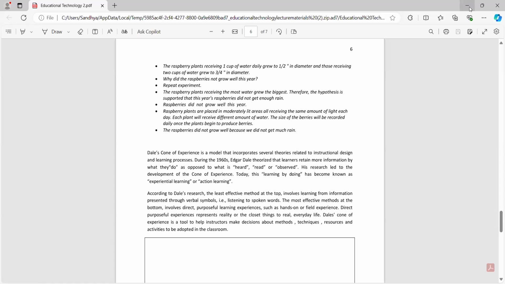Madam, could you please send us the content of that education technology subject? Content means the syllabus. Rather than sending you the syllabus, if I send you the materials, you can see what content is covered. I'm not sending the course descriptor because no such course descriptor was sent to us.